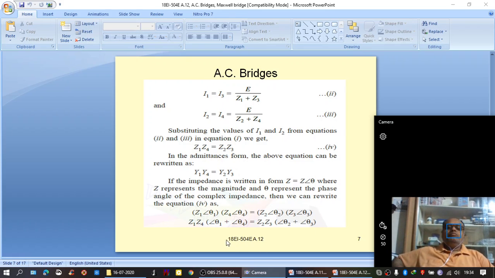So here magnitudes are to be multiplied and phase angles are to be summed up. So separating the magnitudes and phase angles, the condition for bridge balance is Z1 Z4 is equal to Z2 Z3 and theta 1 plus theta 4 is equal to theta 2 plus theta 3.